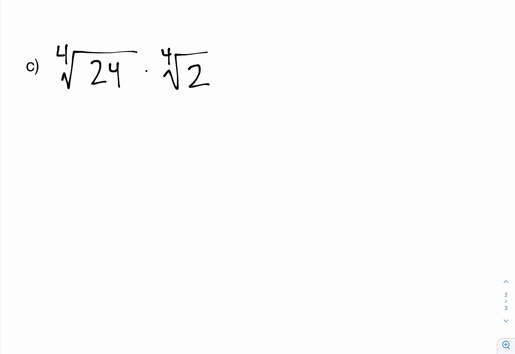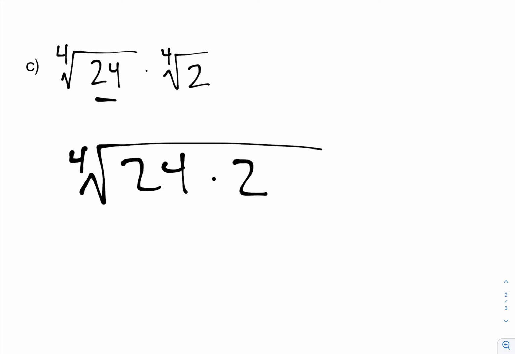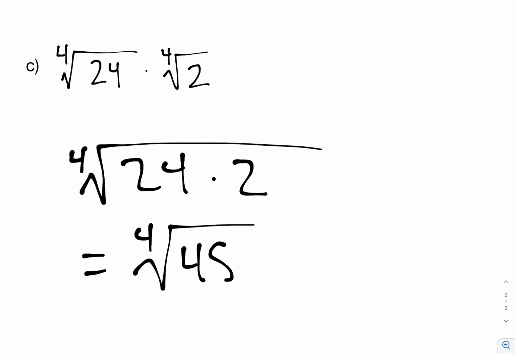Well, maybe if we use our multiplication laws with radicals, we can multiply the 24 and the 2 and hope there's something that comes out of that. Okay, so the fourth root of 24 times 2, because those are the insides, the radicands. This equals the fourth root of 48.